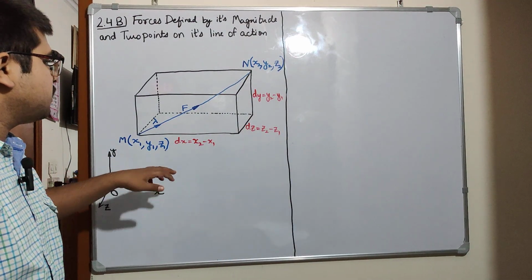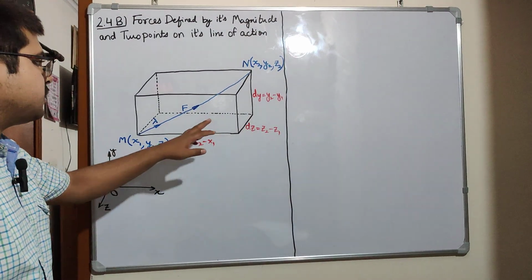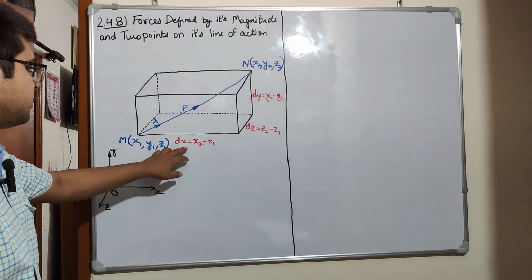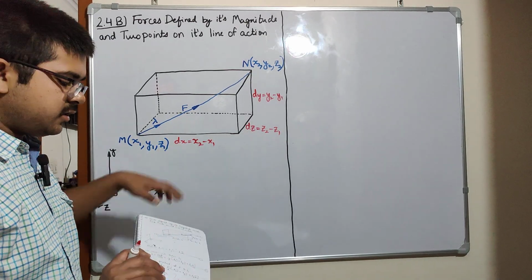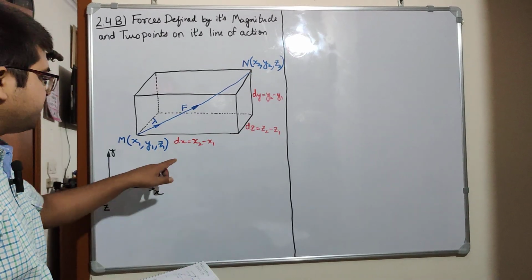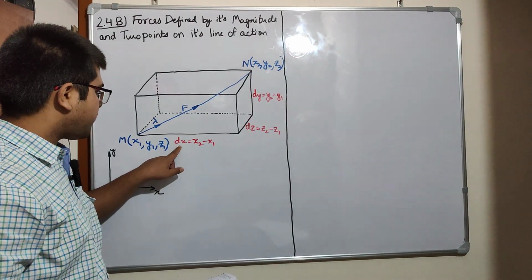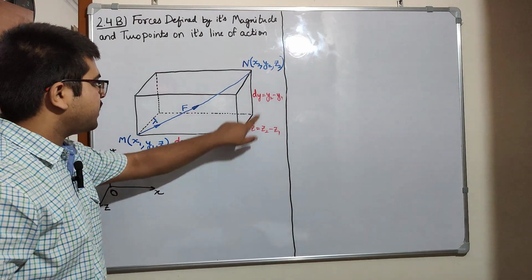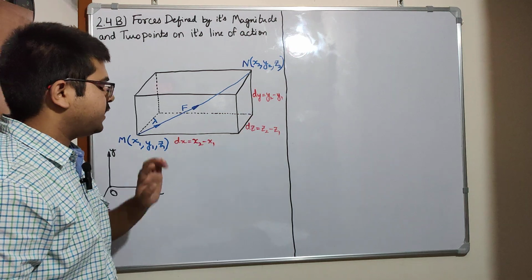So these are our three coordinate vectors whose magnitudes are dx, dy, and dz.